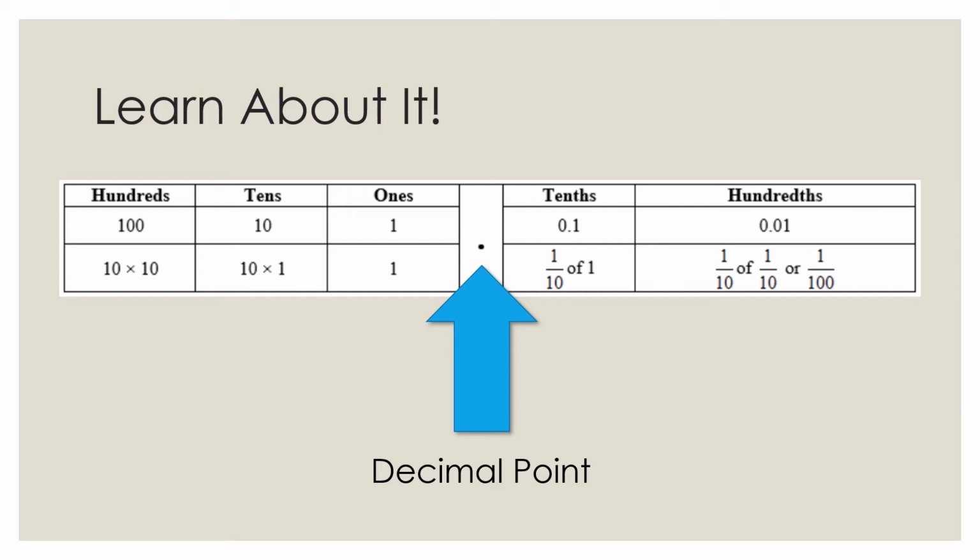If you look at the tenths place, it says 1/10 of 1. In the hundredths place, we have 1/10 of a tenth. So just like how we go from our ones place to our tens place, every place value to the left is 10 times more than the one on the right.